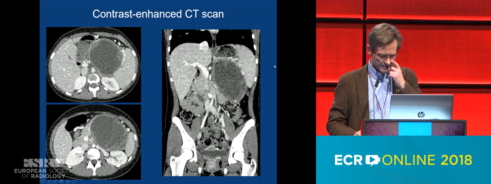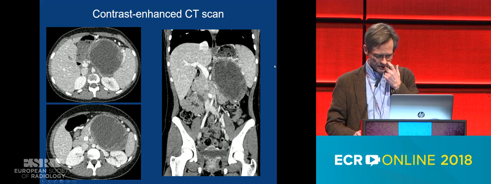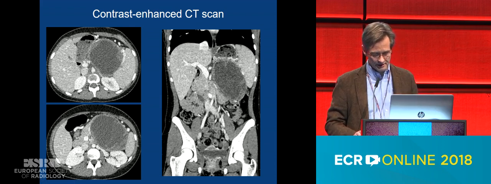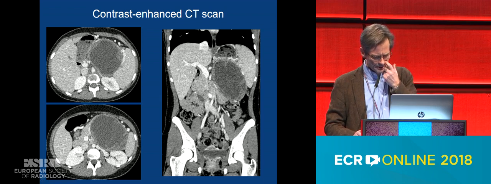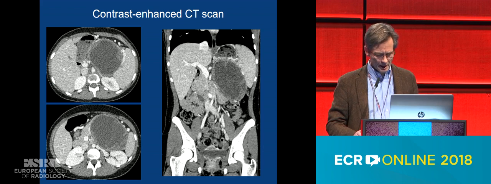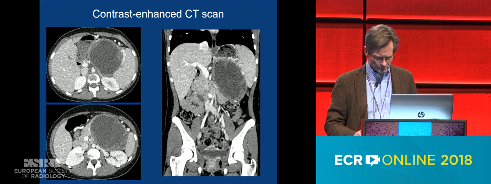Everyone can see that you have a very large mass occupying the epigastric area and partially the body and tail of the pancreas. The mass is heterogeneous. You may have some enhancement in the periphery, but basically this large lesion is a hypovascular lesion.